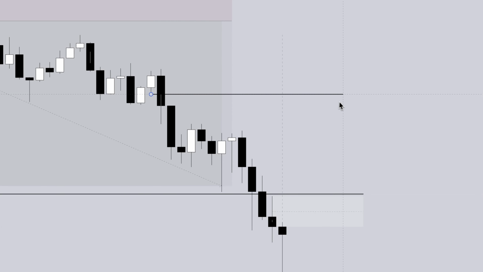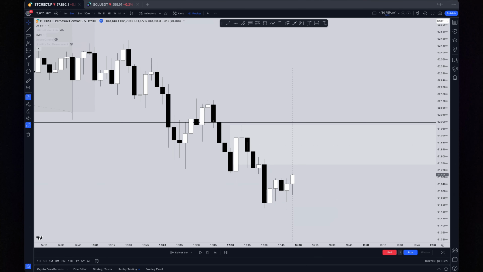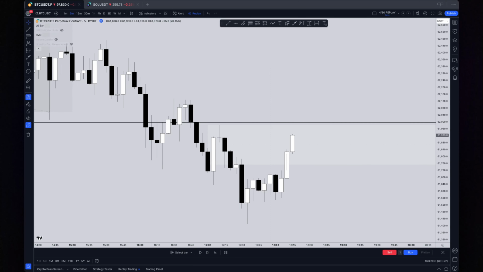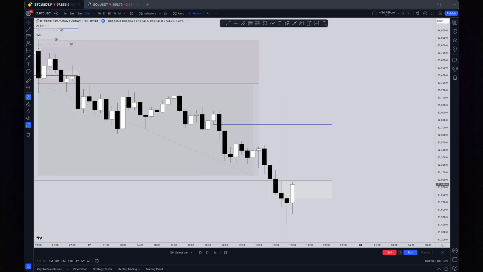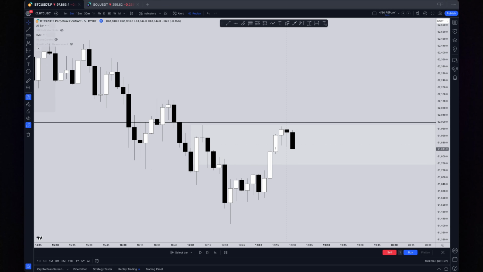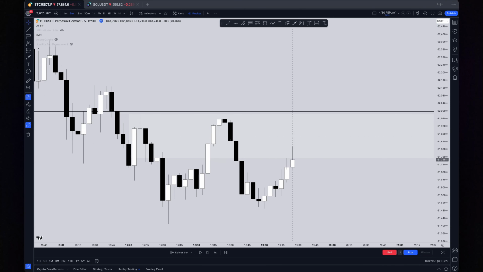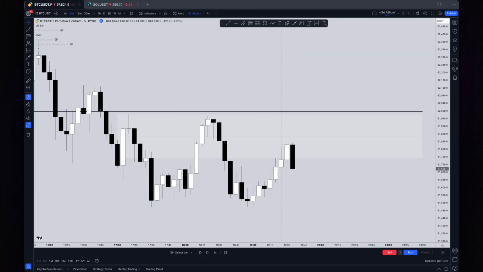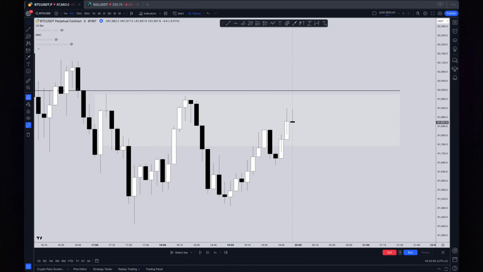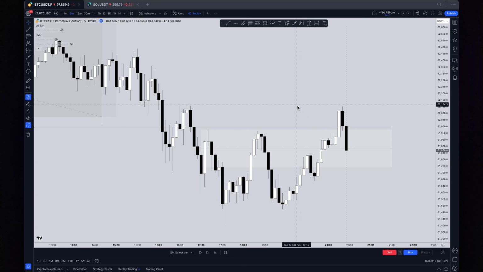So we have this level and this level. Nice candle move up. Nice spike.